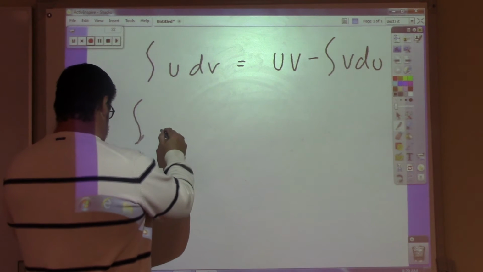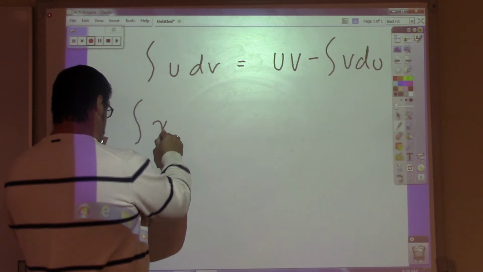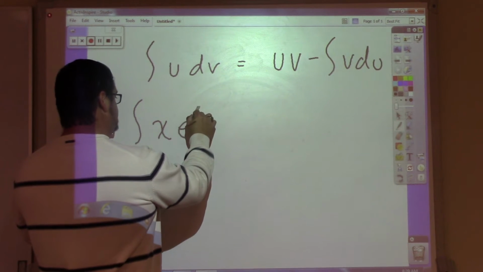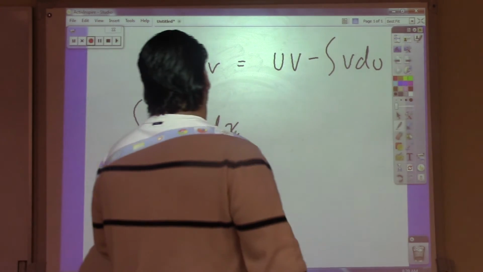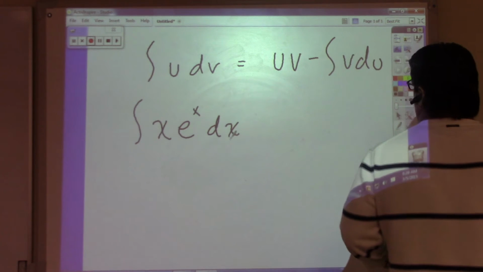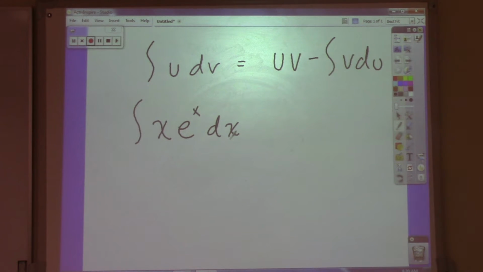Antiderivative of x e to the x dx. Okay? Now with derivatives, you would do first times derivative second plus second times derivative first, but you can't do that with integration. You have to do integration by parts.